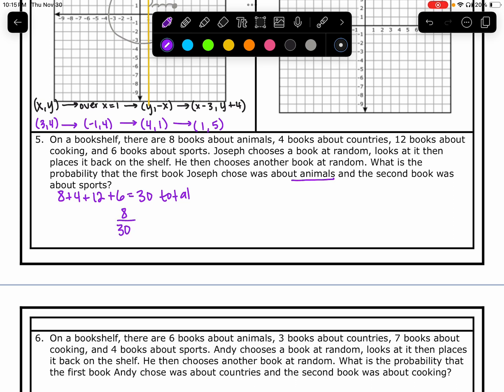And then he's going to choose a book about sports, and there were 6 of those. The total will stay the same because he places it back on the shelf. When you multiply those two, you should get 4/75. And again, we're just going to focus on the fraction.